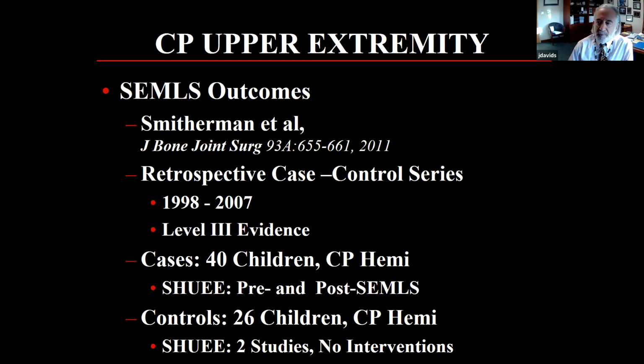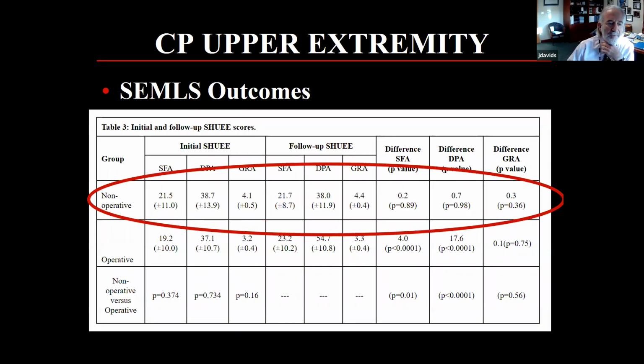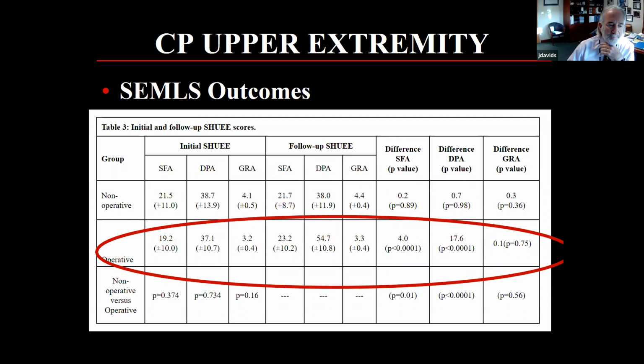As the control group, there were 26 children with unilateral CP who had 2 upper extremity studies, but no upper extremity interventions in between. In all of these cases, the children had lower extremity surgery done as a priority, and then came back, had a second SHOE, and then had the upper extremity surgery done. So this allowed us to compare a non-operative group to an operative group.